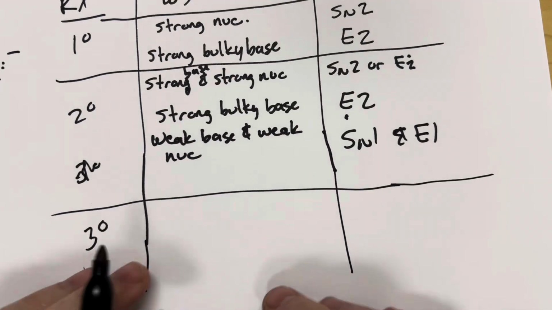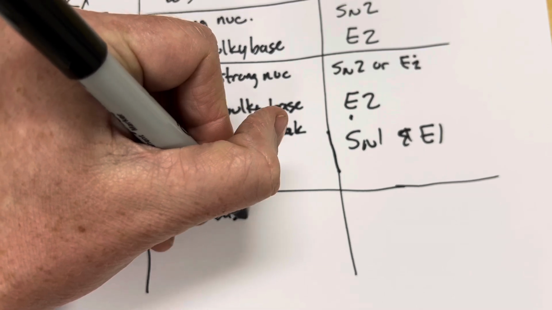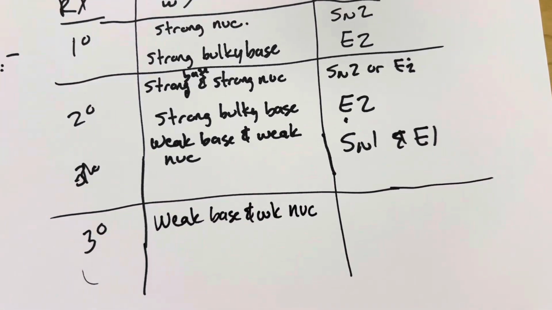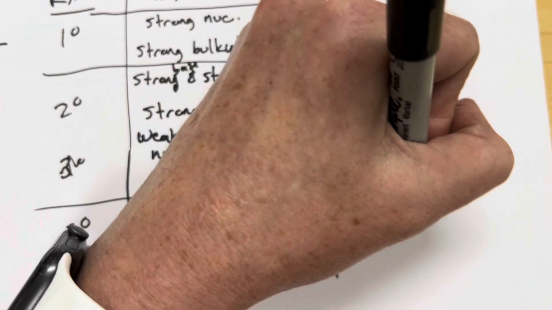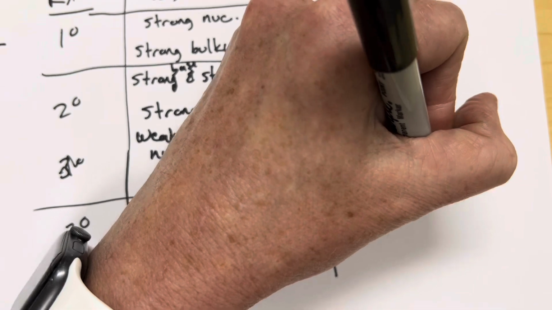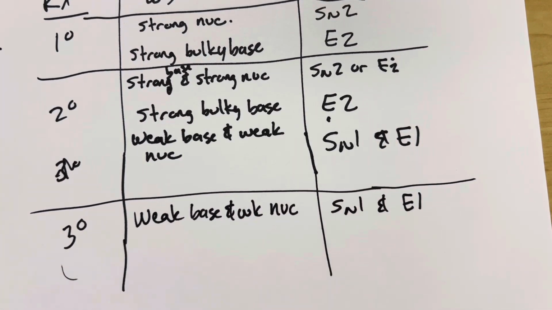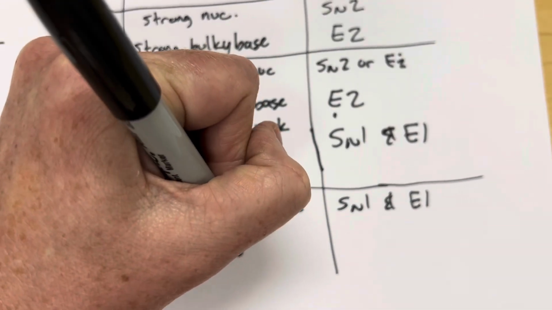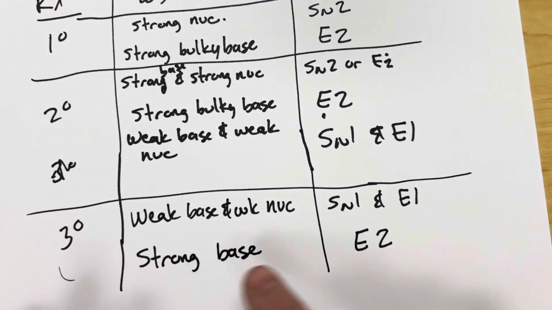Okay, so with a tertiary, if you have a weak base and a weak nucleophile, those are situations that dictate an SN1 and an E1. These were the examples we did in class recently. But if you have a strong base, just to remind you, this is when it wants to go E2.